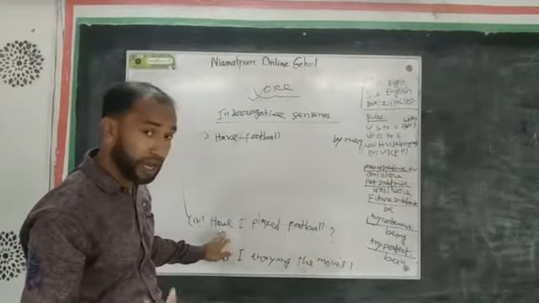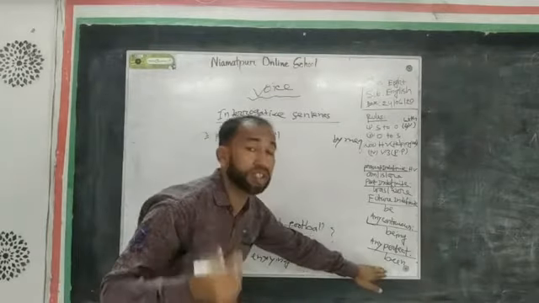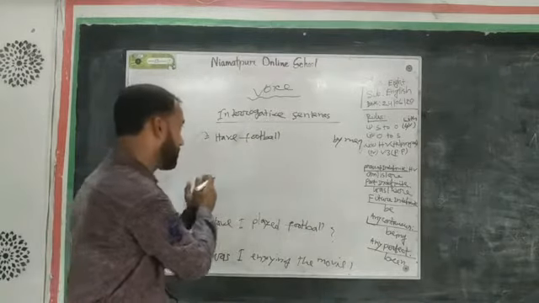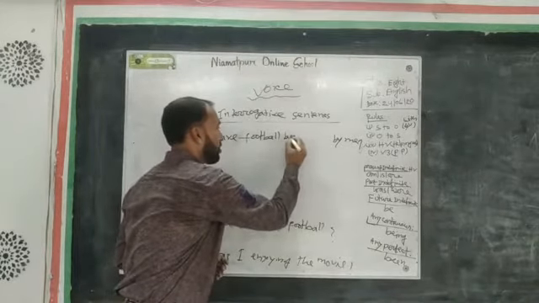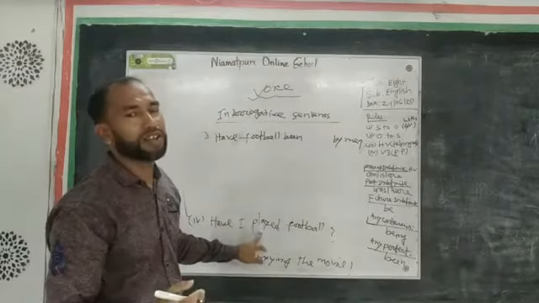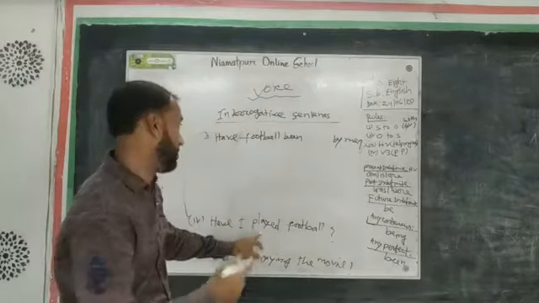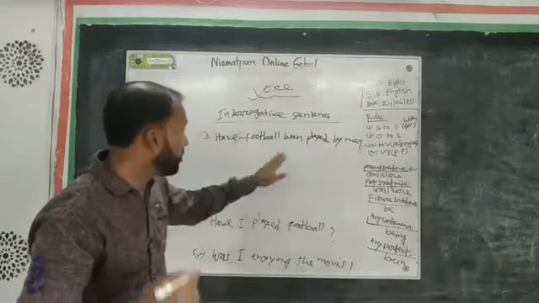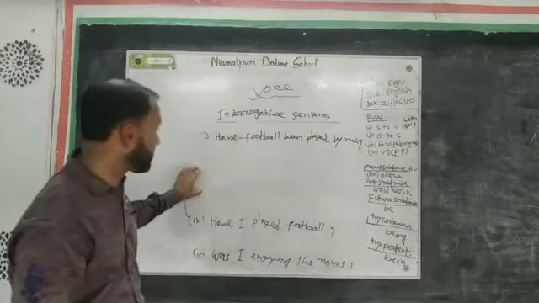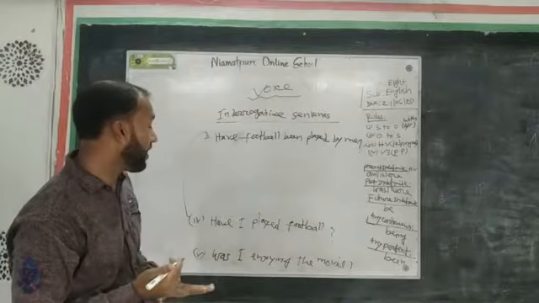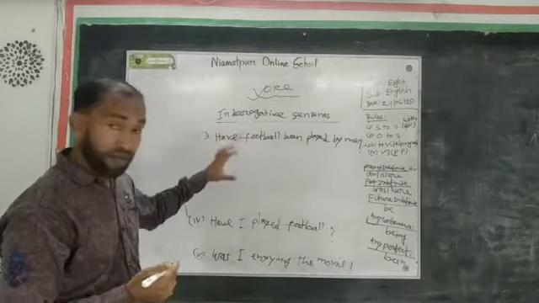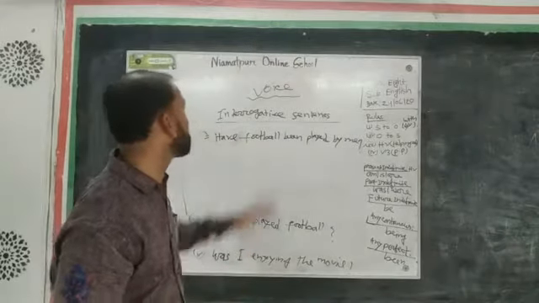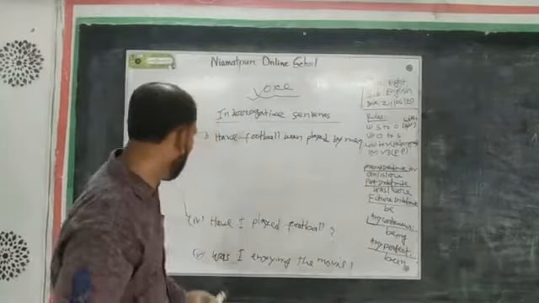Extra helping verb "been" will be used after the subject because this is perfect tense, and "have" will be before the subject. Been and the past participle played. Has football been played by me? This is an interrogative sentence in perfect tense.